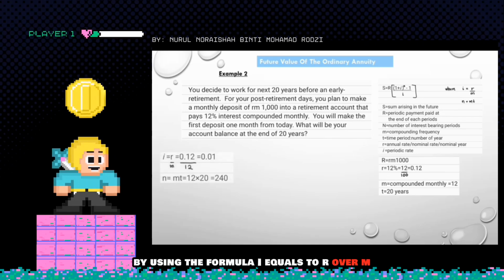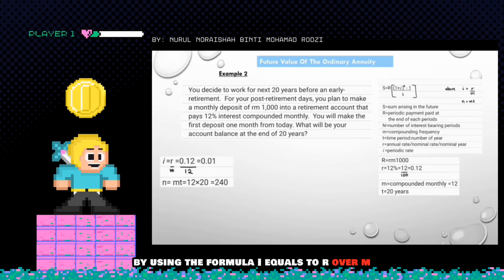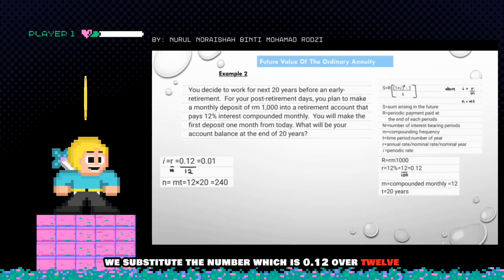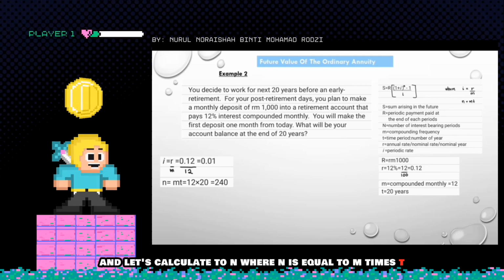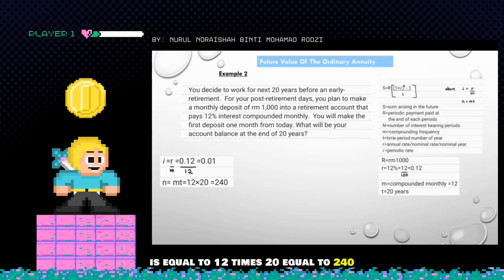By using the formula i equals r over m, we substitute the numbers: 0.12 over 12 is equal to 0.01. And let's calculate n, where n is equal to m times t, equal to 12 times 20, equal to 240.